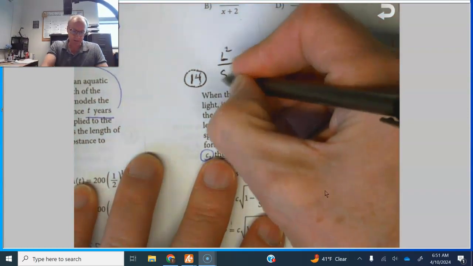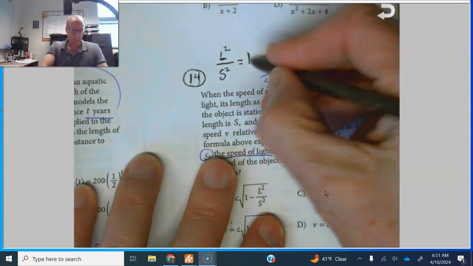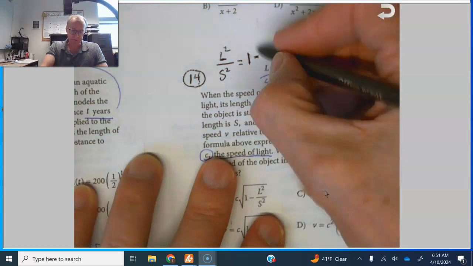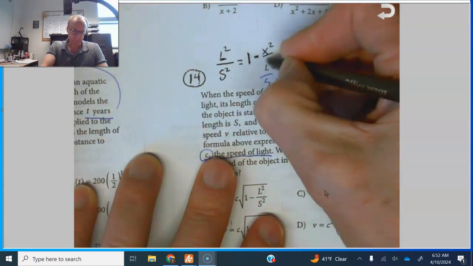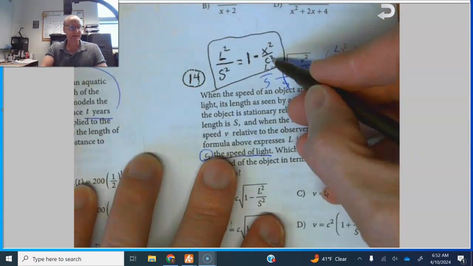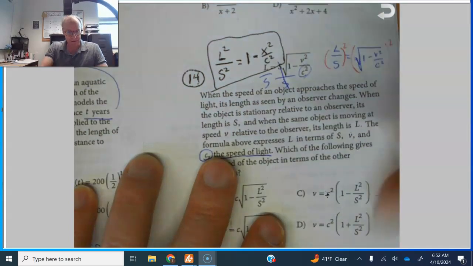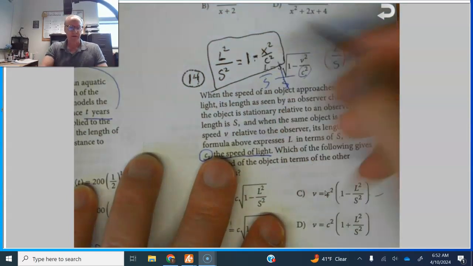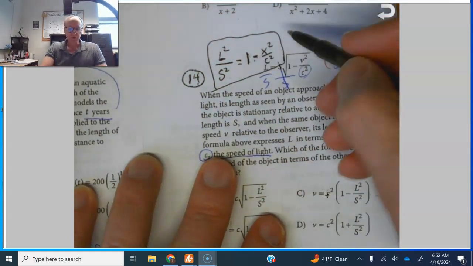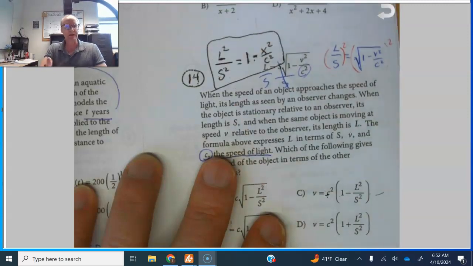L squared over S squared is equal to 1 minus V squared over C squared. Okay, that's the beginning. Now you still need to get C by itself, which means you have to subtract 1. You have to change the signs because of the negative. You could multiply by C squared on both sides. You've got so many things to do.